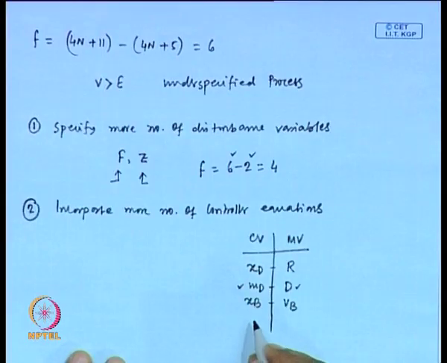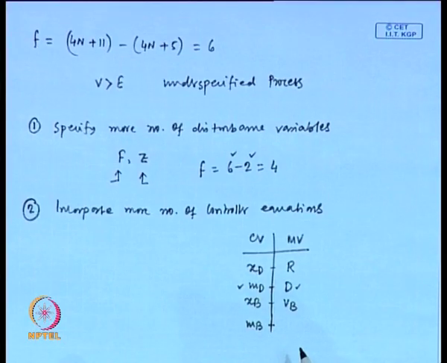In a similar fashion, we can consider the hold up in the column base, MB, as another control variable. Some liquid is accumulated in the column base, which is represented by MB.